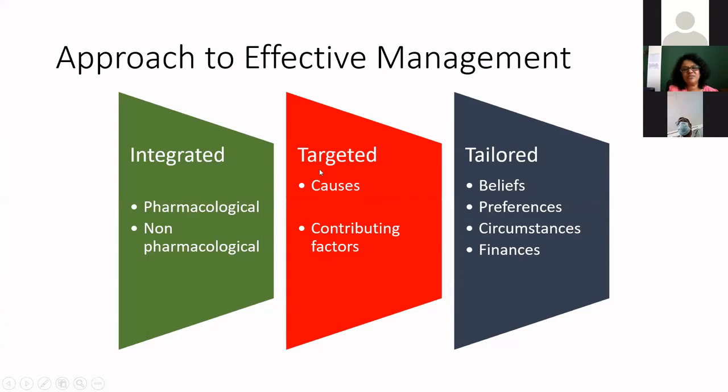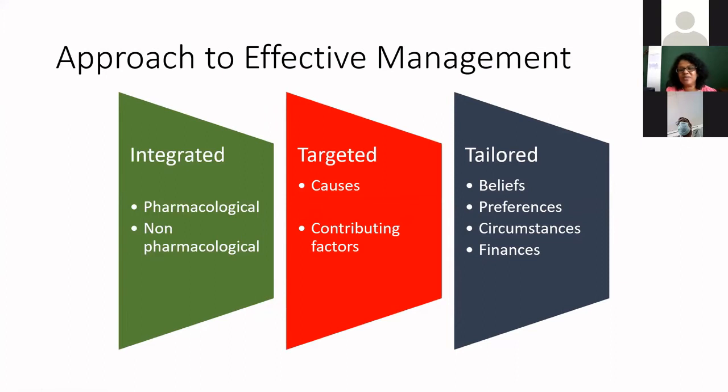So once we have done that, we have several pharmacological as well as non-pharmacological methods. Are we going to introduce all of these to this patient? No, we should tailor according to the patient's preferences and beliefs. For example, one person might say, I really want zero pain, I can't tolerate pain at all.